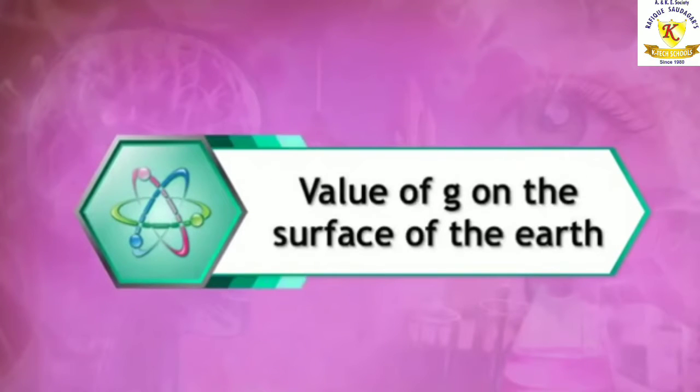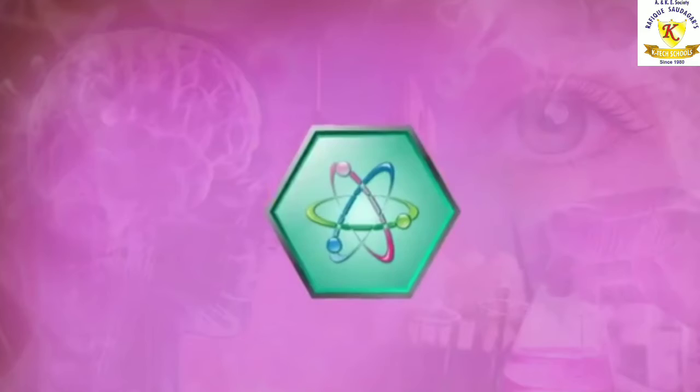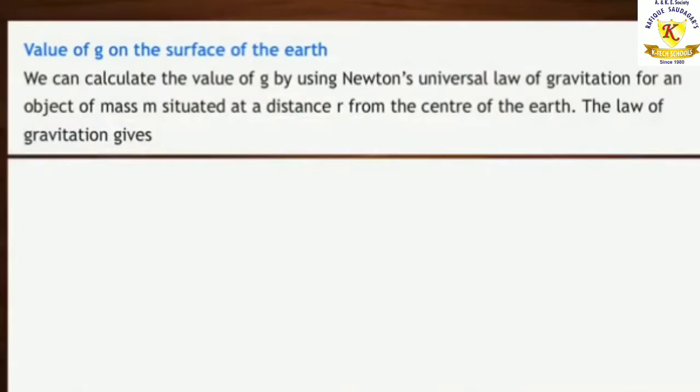Now, let's learn the value of g on the surface of the Earth. We can calculate the value of g by using Newton's universal law of gravitation for an object of mass m situated at a distance r from the center of the Earth.